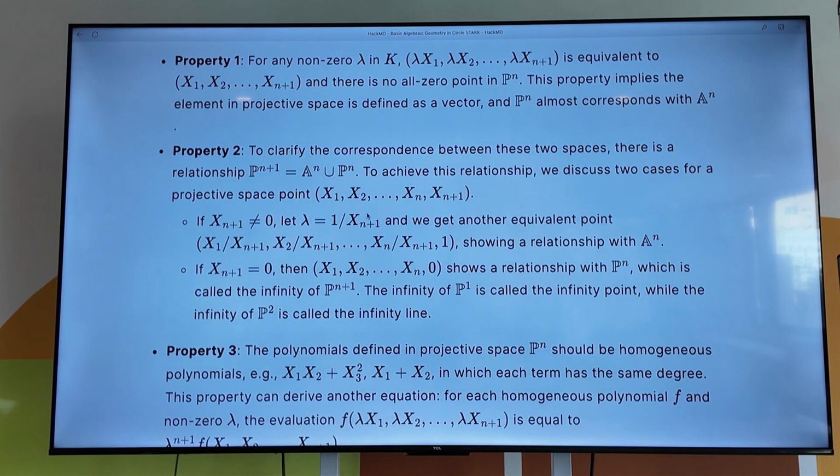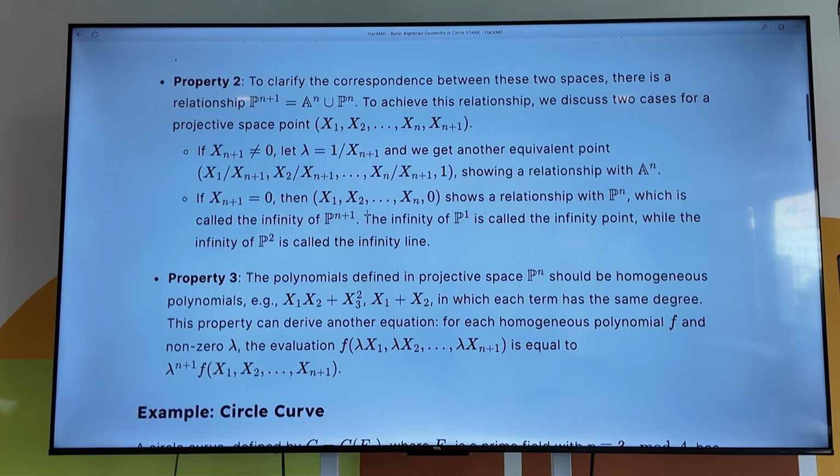This is very important because we can convert a curve in affine space to a projective space, and a curve in a projective space can be mapped back to the affine space. So it's a very important relationship. But how can we clarify the relationship?